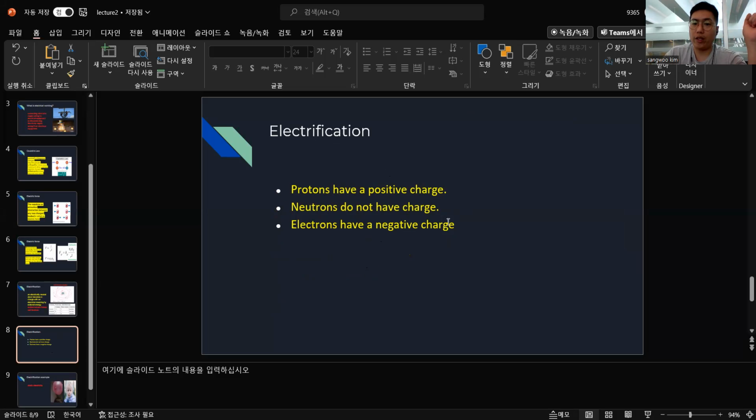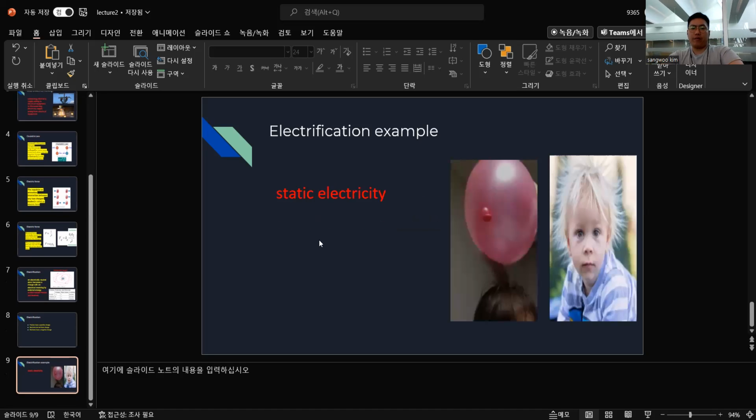So now when they become charged, they have electrical energy. And we're almost done. Don't worry about it.